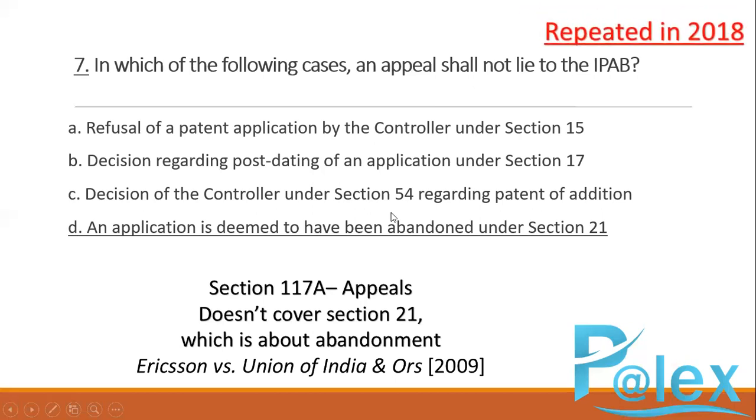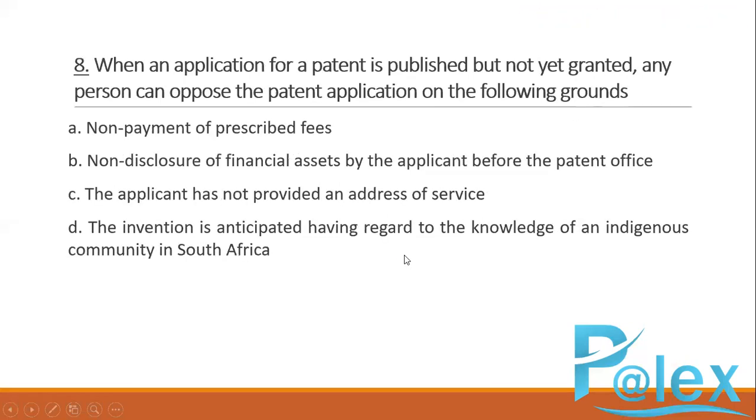This question also repeated in 2018. Question number 8, when an application for patent is published but not granted. So the application is published, but it's under prosecution. Any person can oppose the patent application on the following grounds. So this is the typical case of pre-grant opposition, because the patent is not yet granted.